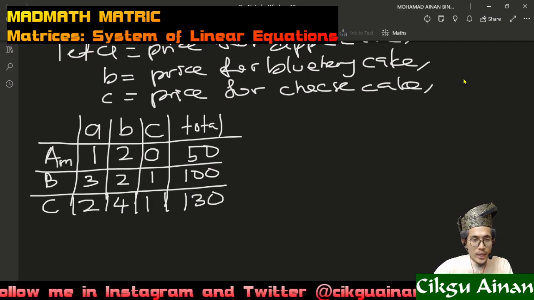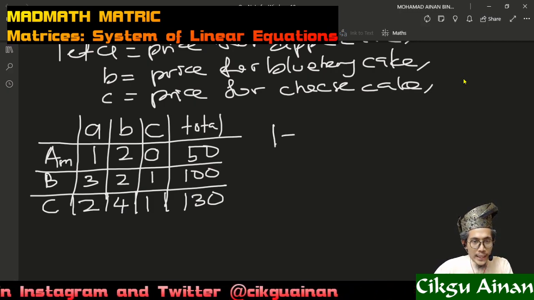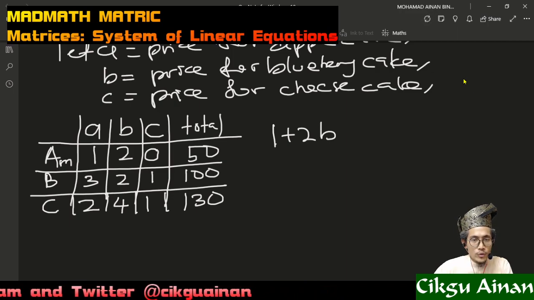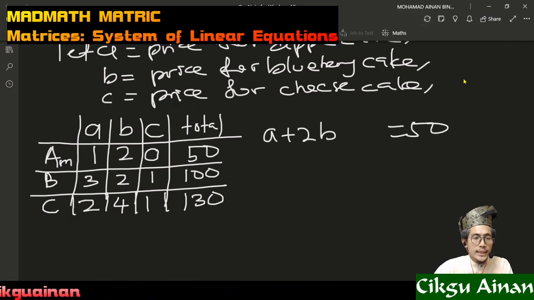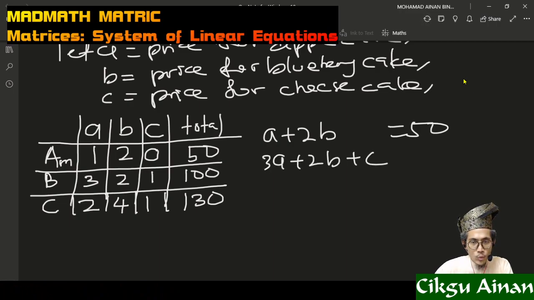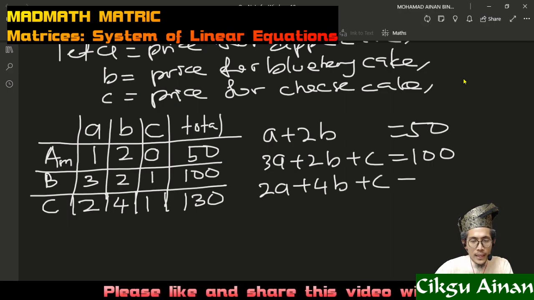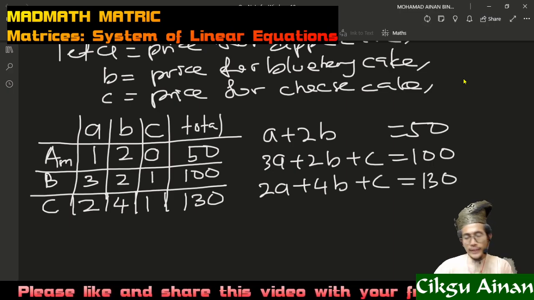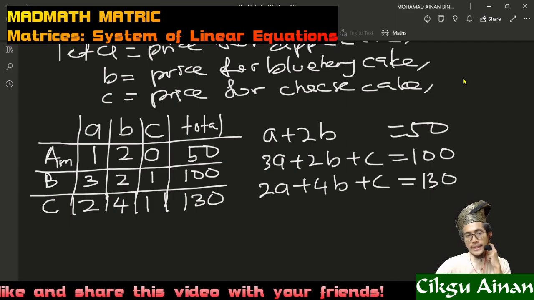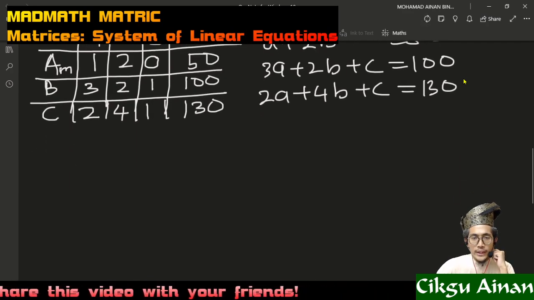The first one is 1A plus 2B equals 50. The second one is 3A plus 2B plus 1C equals 100. The next one is 2A plus 4B plus C equals 130. So this is the system of linear equations.